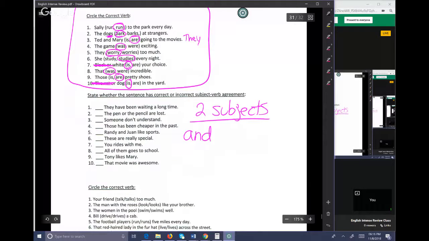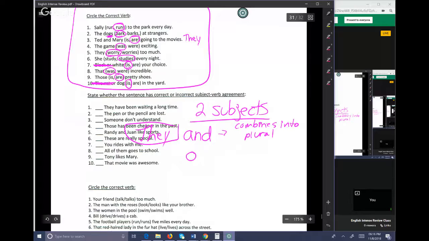They could be joined by an and. That will combine them into a plural. So if you have this person and that person, it becomes they.